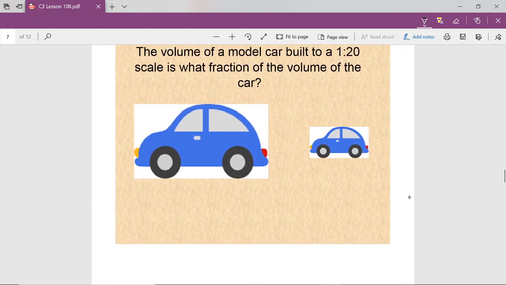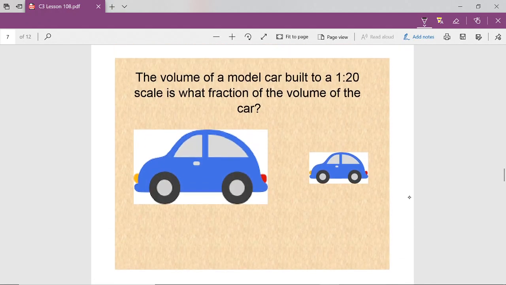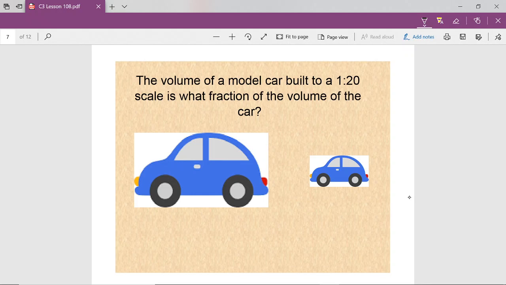And close to the last one, I think second to last problem here. So the volume of a model car built to a 1 to 20 scale is what fraction of the volume of the car? What they're saying is that this 1 to 20 scale is the perimeter scale factor. But we want to be careful here.